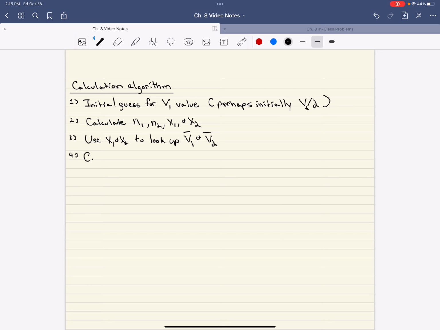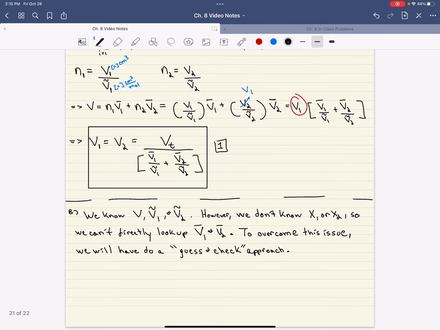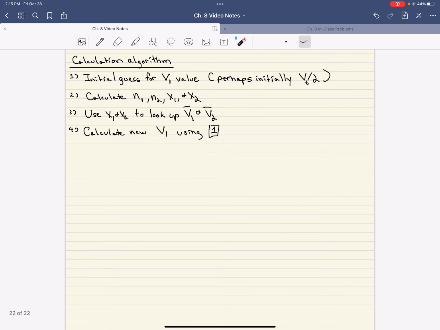So calculate a new V1 using that equation 1 that I marked off here. Okay? All right. So then we calculate this new V1 value.